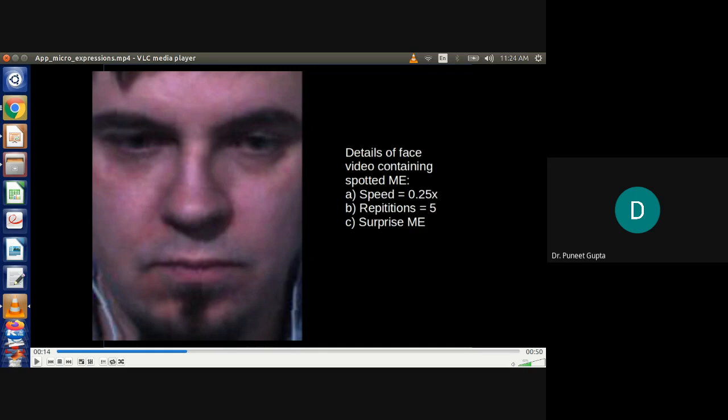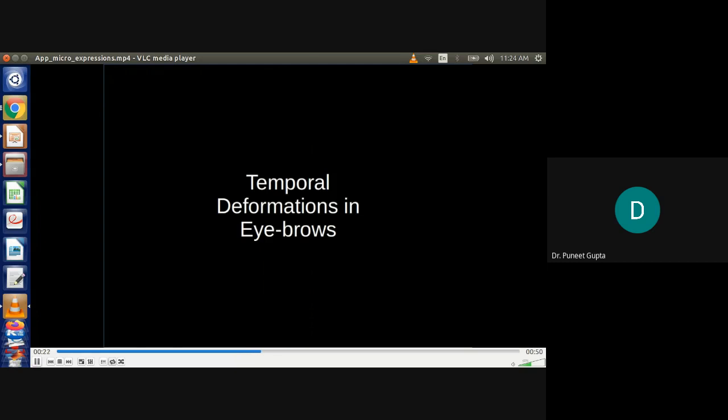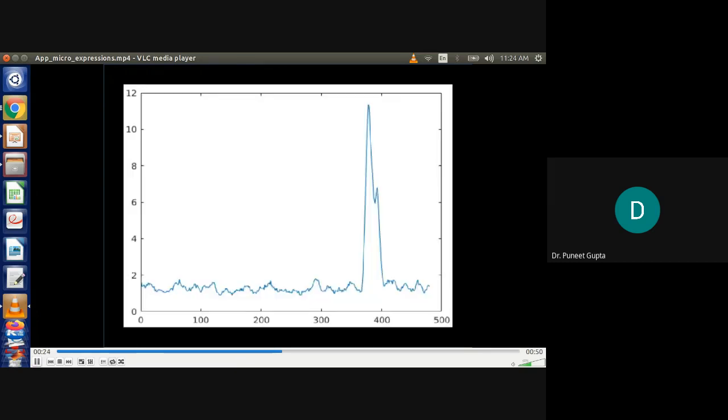And in lie detection, this micro expression once again plays a very crucial role. In order to detect it, you can use rPPG, because when these things are going on, your PPG signal also changes. This is one of my works that I have shown. There is this deformation and so on, and these kinds of things we can analyze.